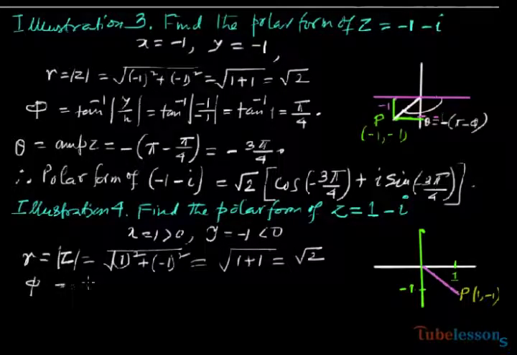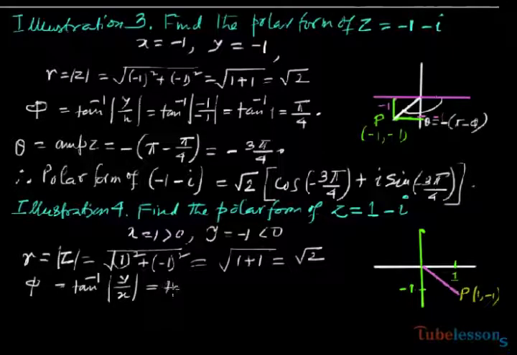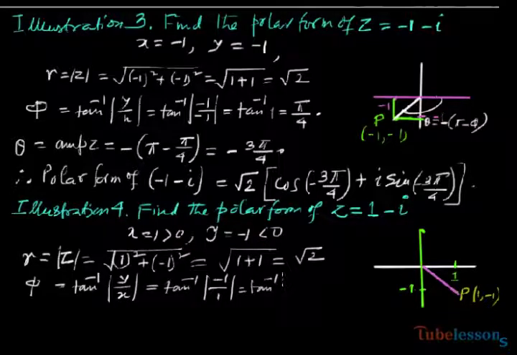Phi is tan inverse mod of minus 1 by 1, which is 1, so pi by 4.